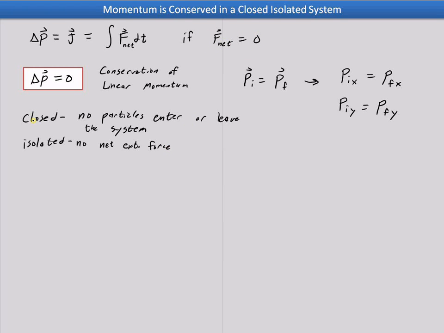Okay, so closed, that might be one that you're not really thinking would matter. But this would be the difference between, say you have a wagon rolling down a hill. Well, it doesn't even have to be on a hill, just a wagon rolling along the ground, okay? And then suddenly somebody jumps into the wagon. So there's someone leaping into or out of the wagon.